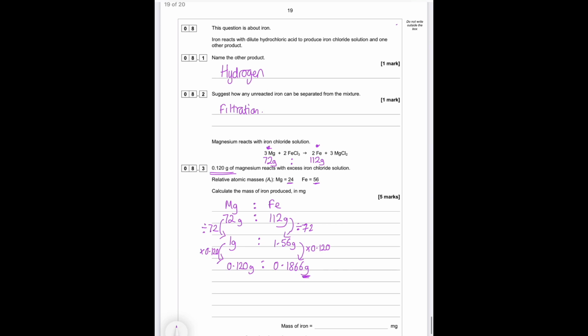But I don't want my answer to be in grams. I need it to be in milligrams. So therefore, to change my grams into milligrams, I would do 0.1866 times 1,000. And if I give my answer to whole numbers, I get an answer of 187.